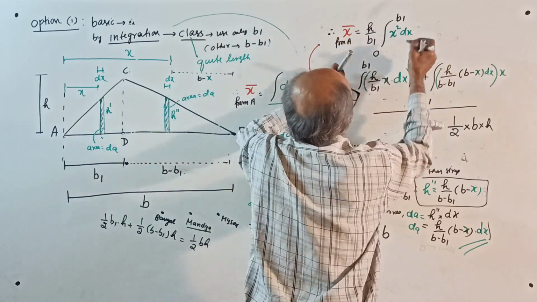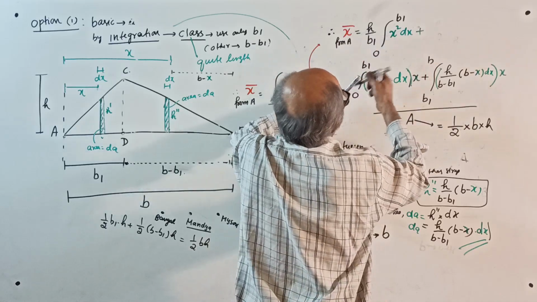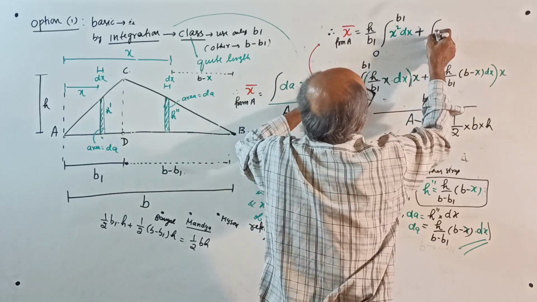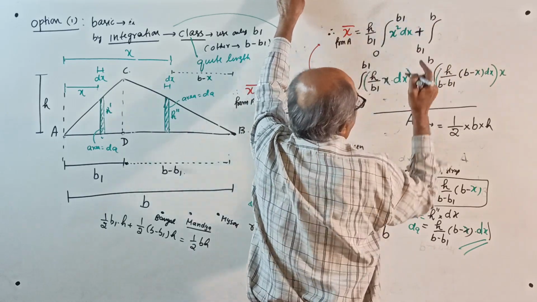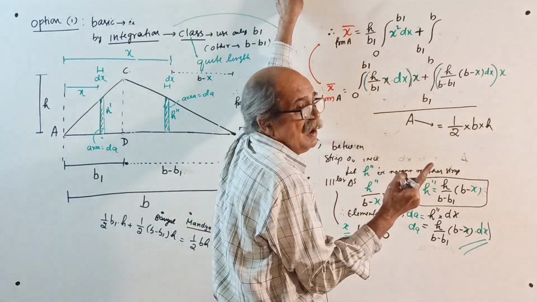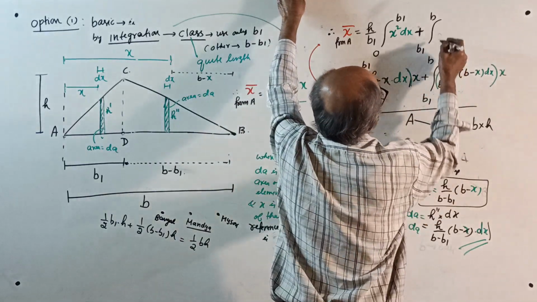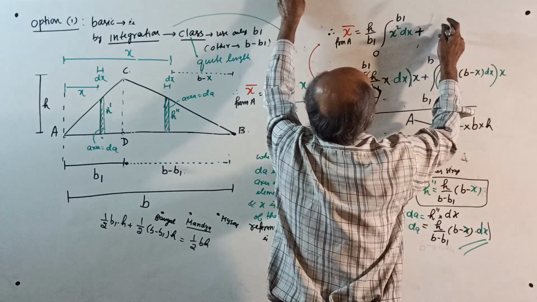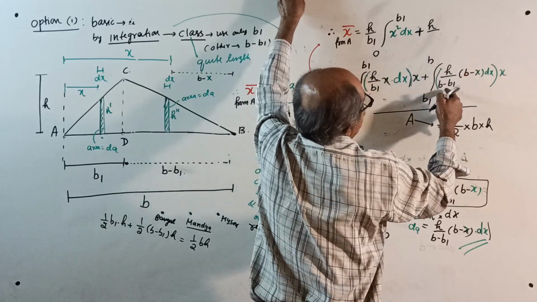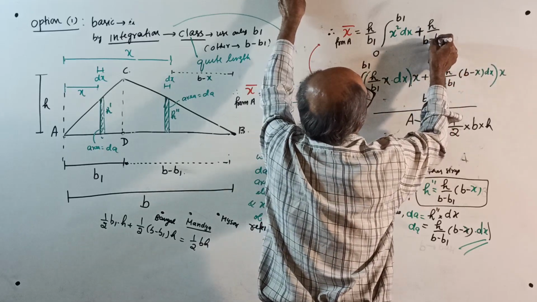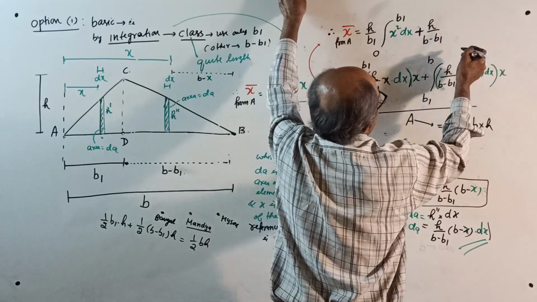Plus integration B1 to B of, first the constant outside: H by B minus B1, constant outside.